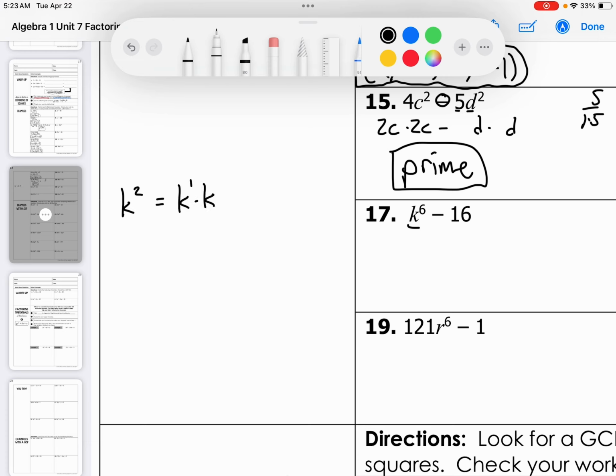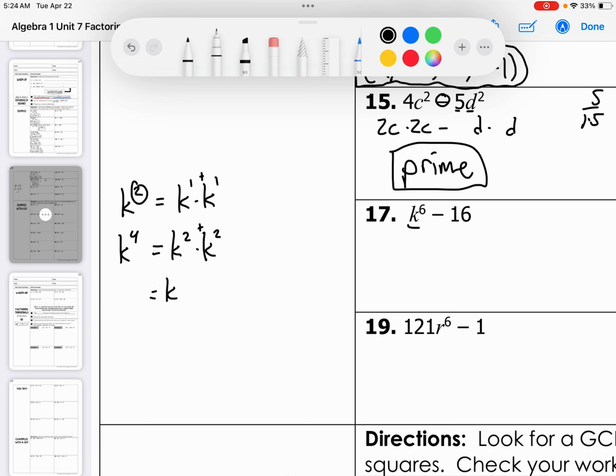Both of these would have exponents of 1. So let's think about what would happen if I instead had k to the power of 2 times k to the power of 2. Well, when I multiply these variables together, I add their exponents. That's how we get these new exponents. So for this one, k to the power of 2 times k to the power of 2, that would be k to the power of 4.